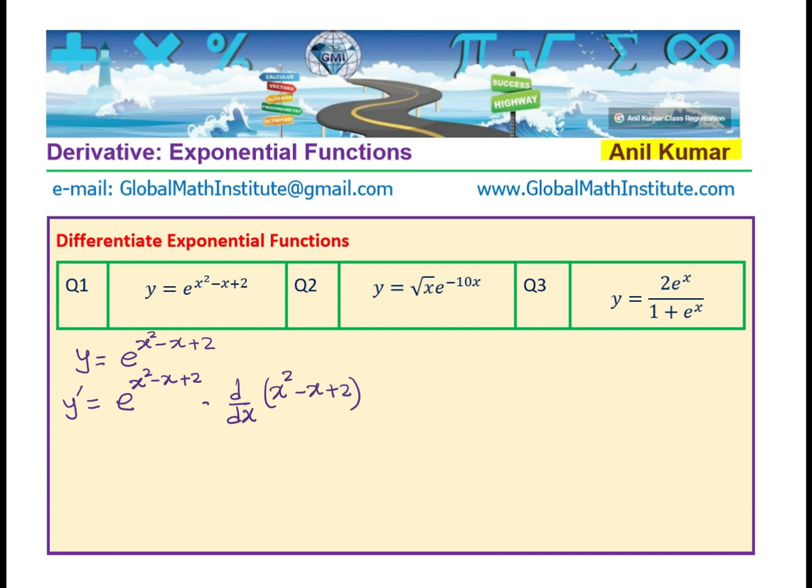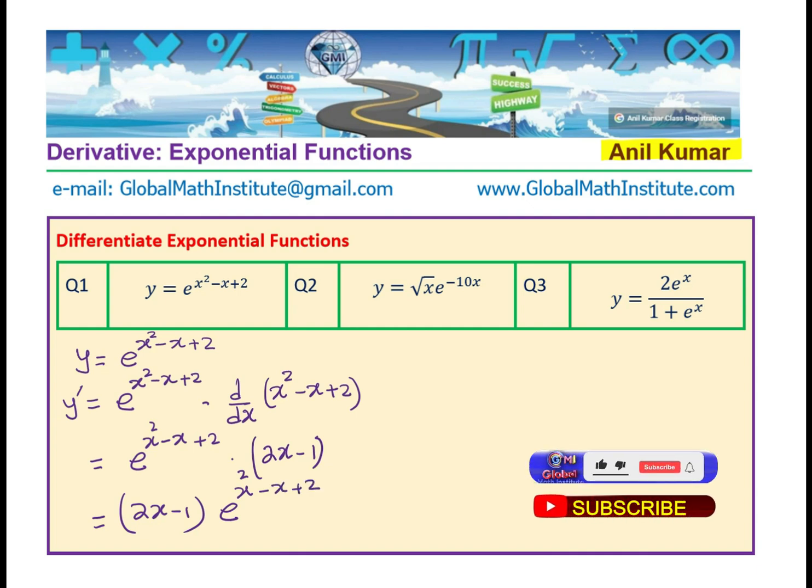That gives us e to the power of x squared minus x plus 2 times the derivative, 2x minus 1. So we get our first answer, which is 2x minus 1 times e to the power of x squared minus x plus 2. Perfect. I hope that is absolutely clear.